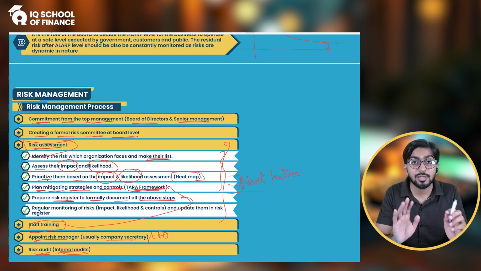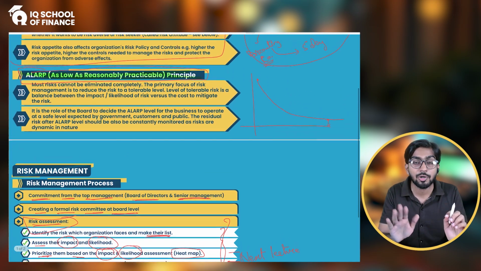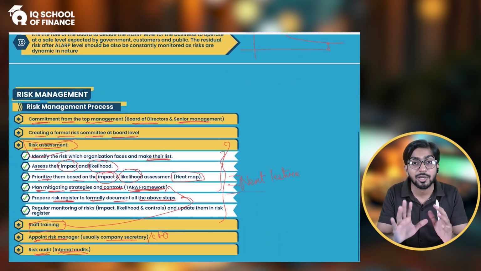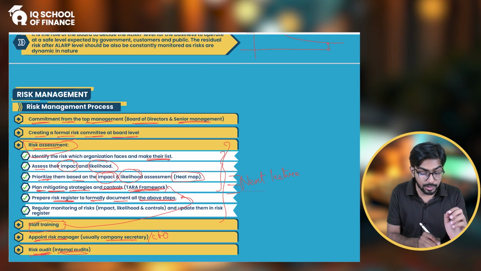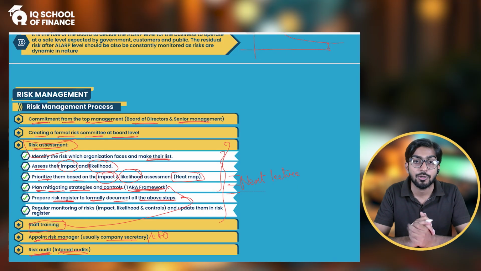So the three things: number one, they identify, then they check whether or not the safeguards are there, and if they are there, whether they are appropriate or not. And once they are appropriate, whether the staff is following them or not. So these are the duties of the internal audit team. So they do the risk audit and identify all these things.